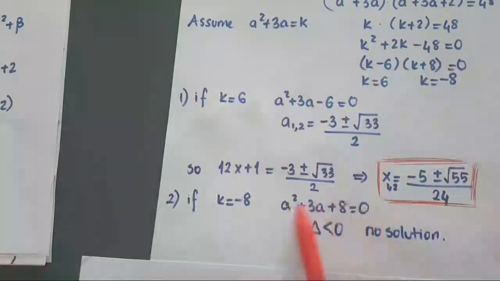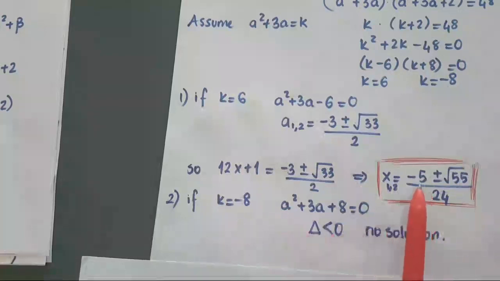We'll get this quadratic expression. Is this quadratic equation solvable? When you check delta, delta will be smaller than 0, so there won't be any real solution for the second case. So we have only two roots. What are they? Negative 5 plus or minus root 55 over 24 are the roots of the equation.